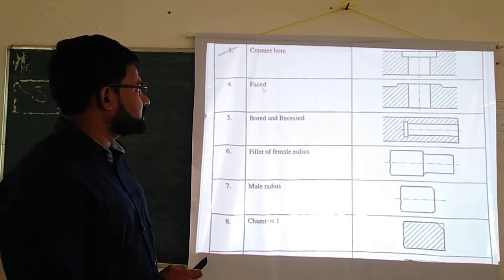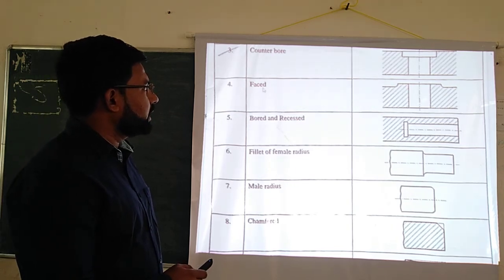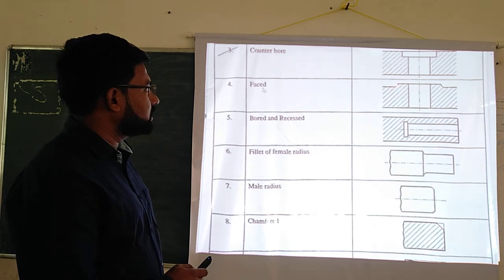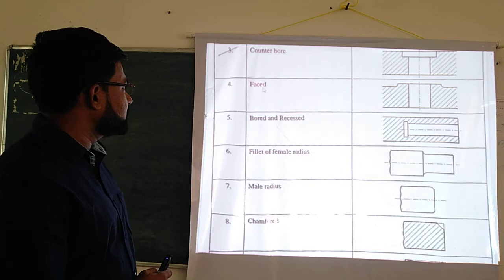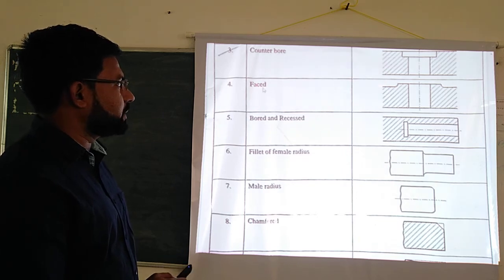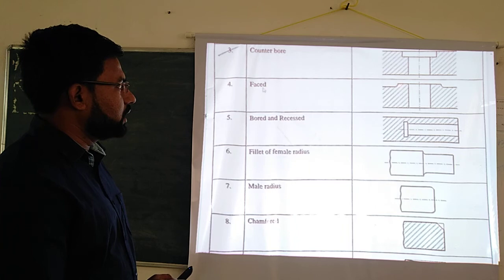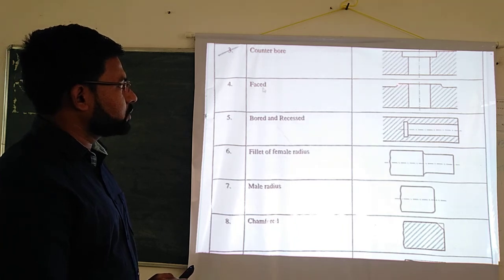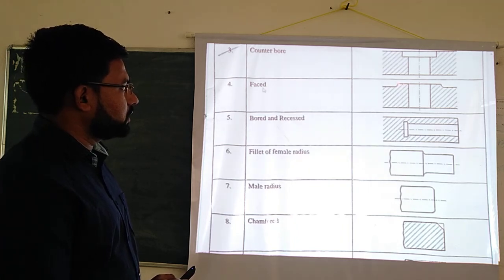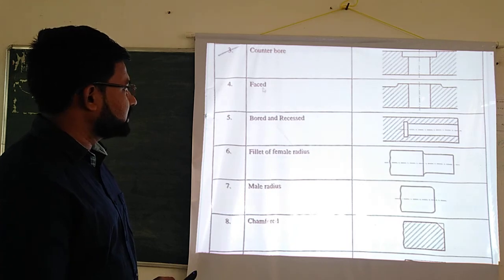This is the facing operation, that is, one of the ends will be faced. If you observe this component, then this upper surface will be faced. Meaning the facing operation will be done, or some material is removed from this upper surface. So this is the facing operation.